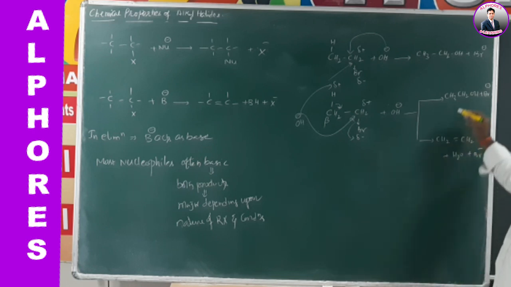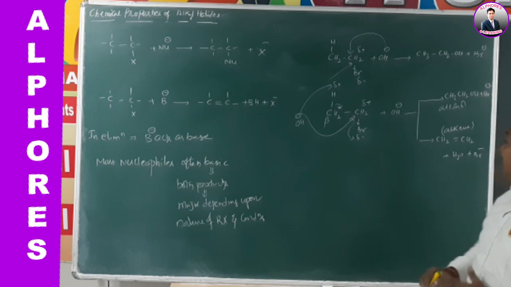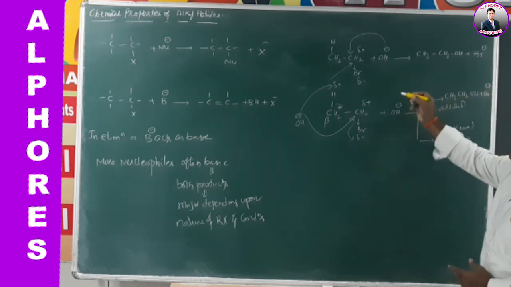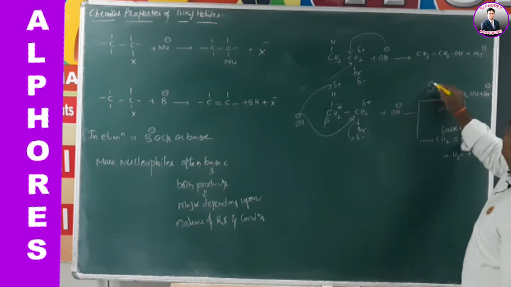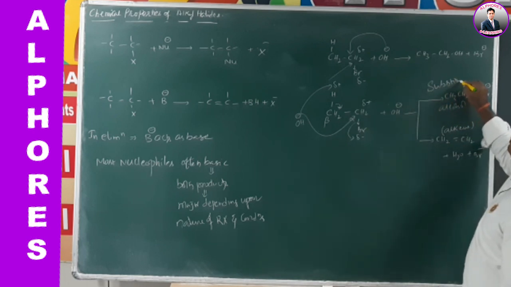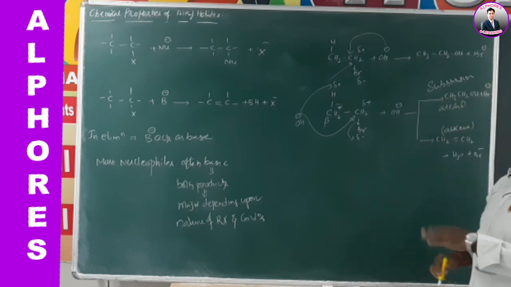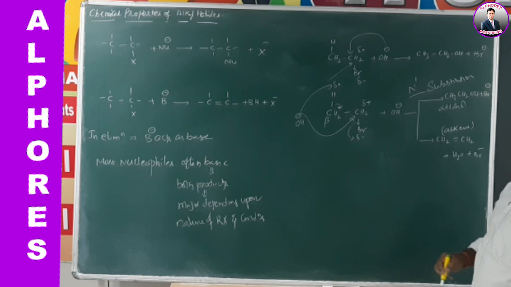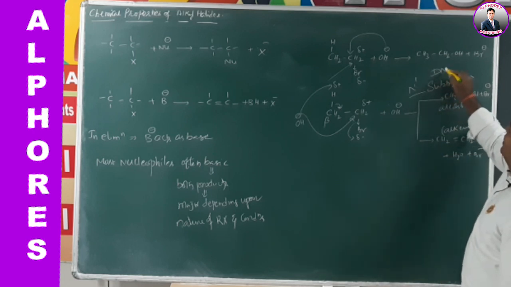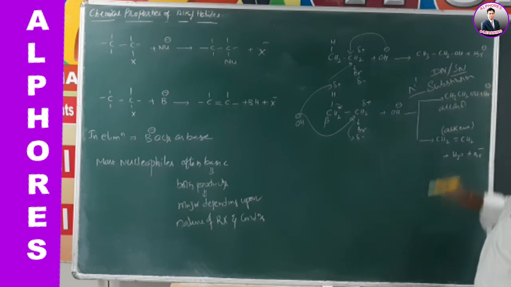But the difference is here, alcohol is the product, ethyl alcohol is the product, whereas here alkene is the product, ethene is the product. So one is simply displacement of Br minus by OH minus, what we call substitution. Since a nucleophile is substituted, it is called nucleophilic substitution or nucleophilic displacement, SN reactions.